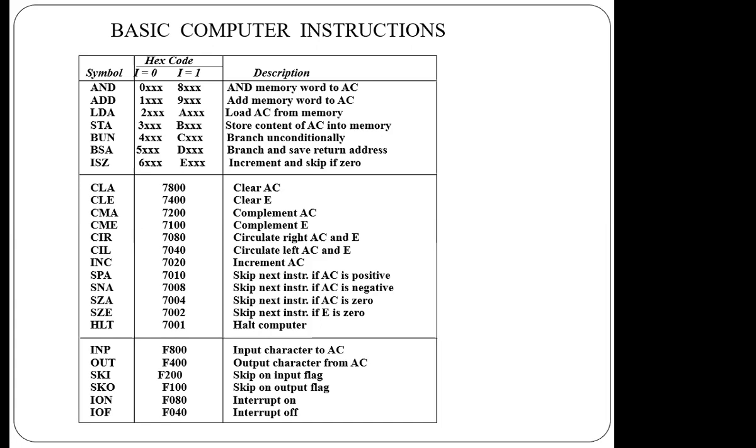Let me explain it one more time. Because your instruction is of 16 bits, the bits from 0 to 11 will serve as your address bits. Bit number 12, 13 and 14 and 15, because the instruction will be of 16 bits each. The bit number 12, 13 and 14 will serve the purpose from 000 up to 110. Let me complete the entire range.